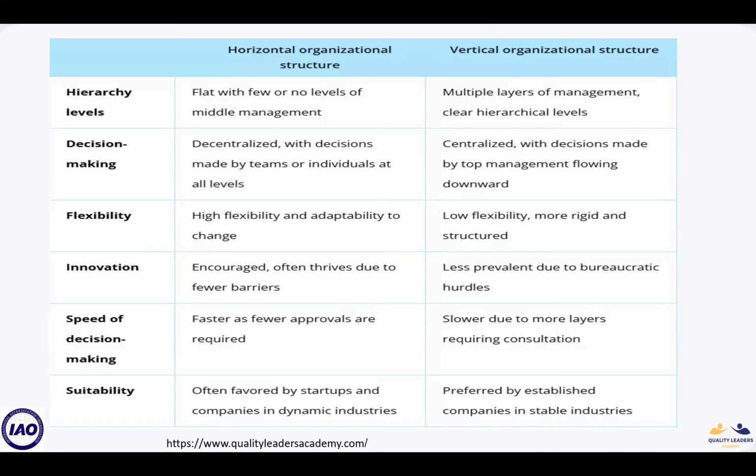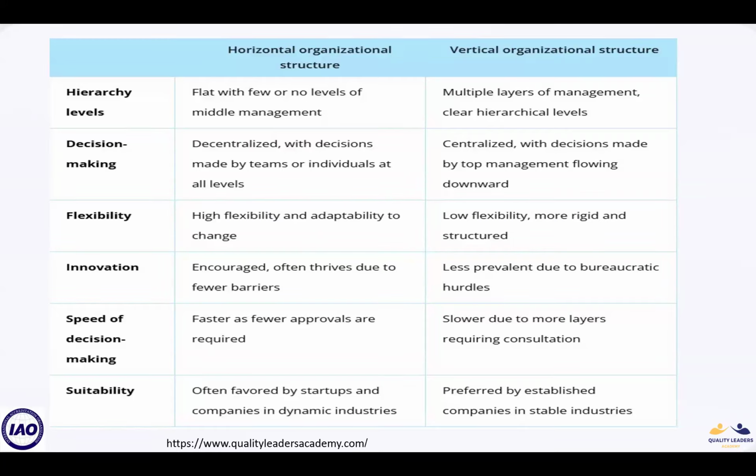And as for suitability, horizontal structures are often favored by startups and companies in dynamic industries, but vertical is preferred by established companies in stable industries. Now, if you ask me which one is better for quality improvement, there is no one answer.